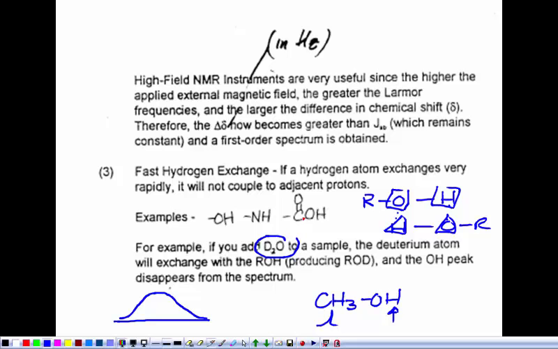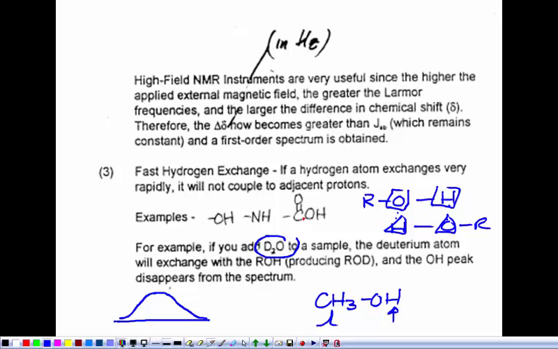Just relating this to lecture, these three things are the same three things that would be deprotonated by a Grignard. Right? When you make a Grignard reagent, you have to avoid certain things like alcohols, amines, and carboxylic acids. Same three things, because those hydrogens exchange, or in that case, they're acidic.